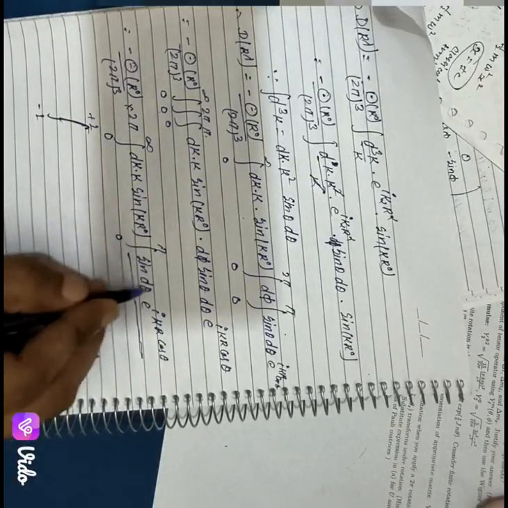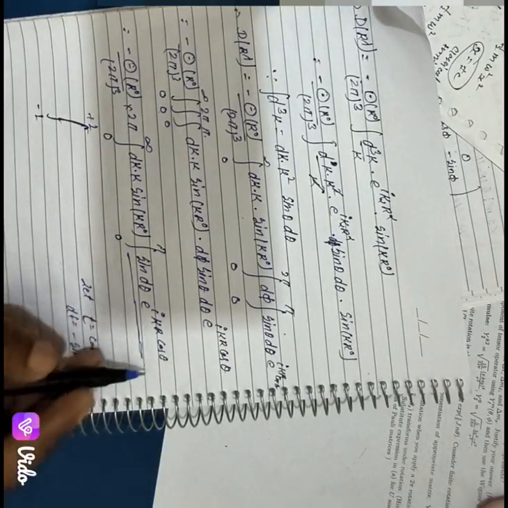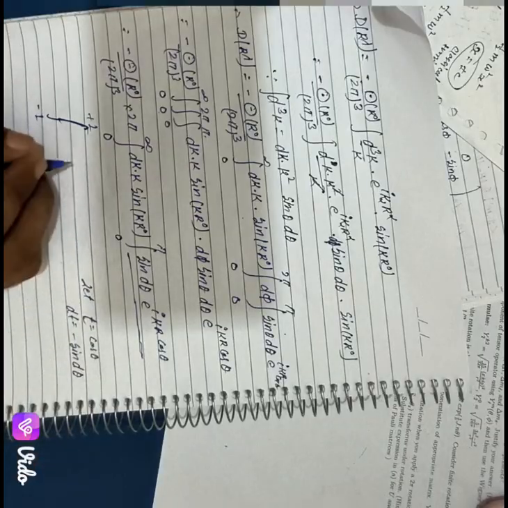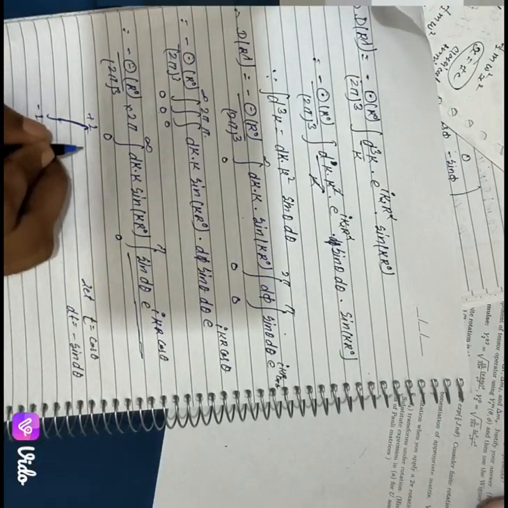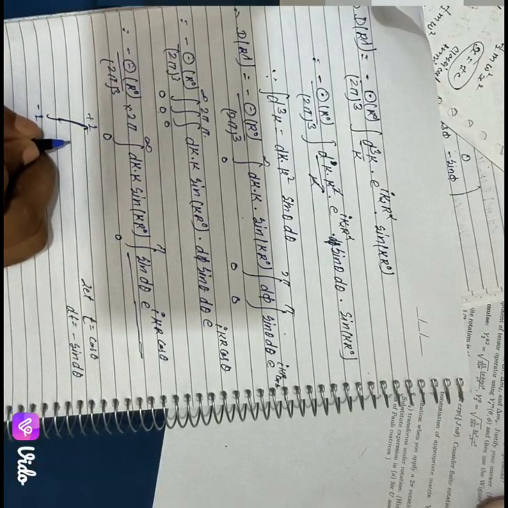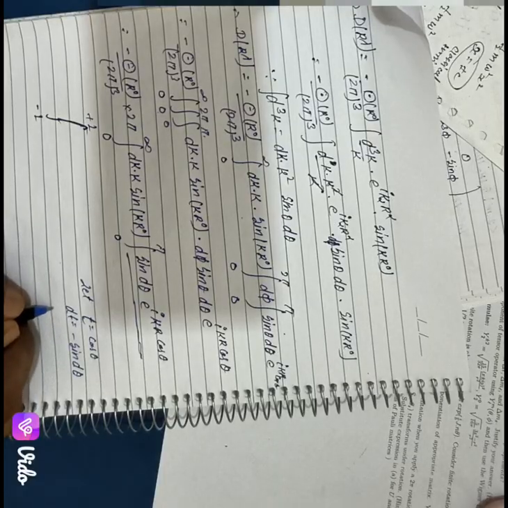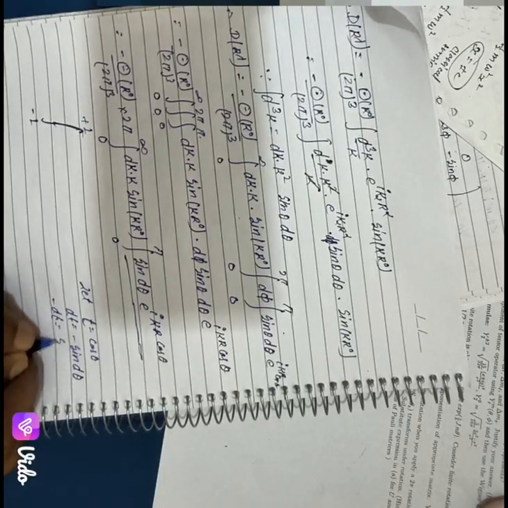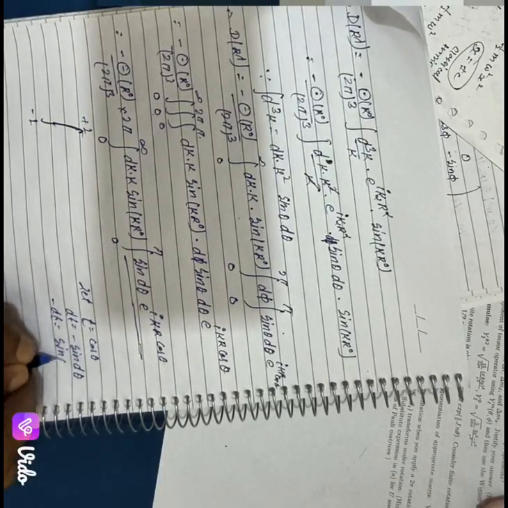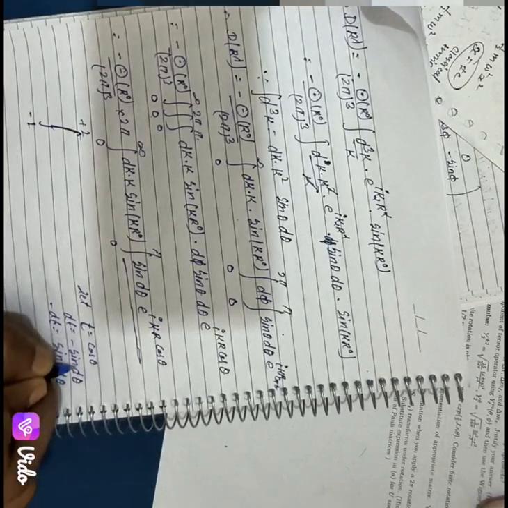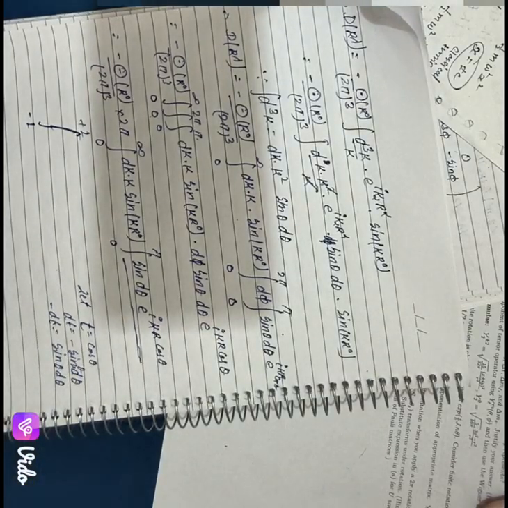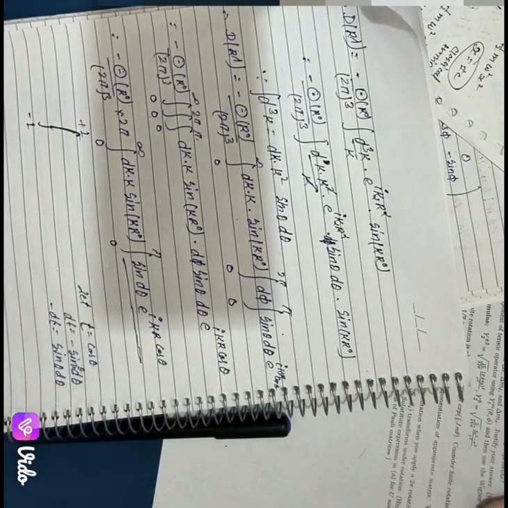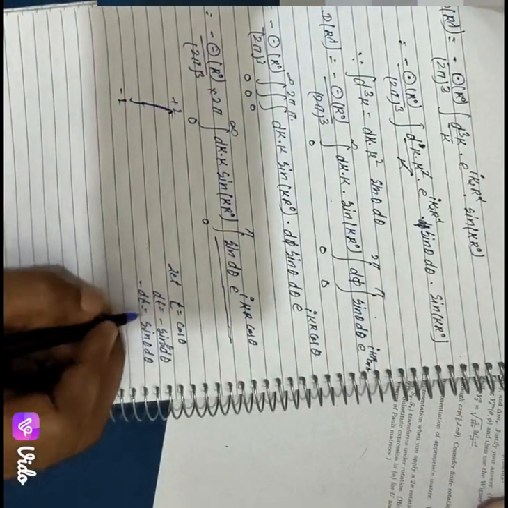Then it will become t, I k r t. So minus dt is equal to sine theta d theta.